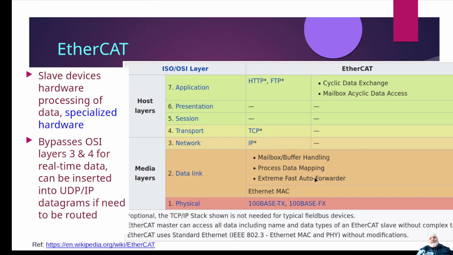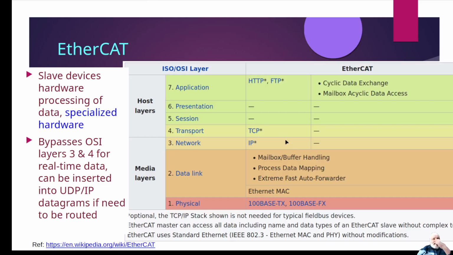So why is it so fast? Like I mentioned before, part of the reason is that for the high-speed stuff, it skips over these layers. It skips over the IP layer and the TCP layer, and just goes from the hardware directly to the application, skipping over these extra layers.